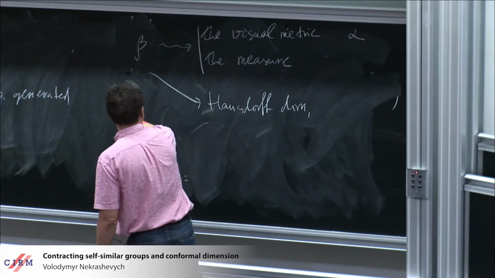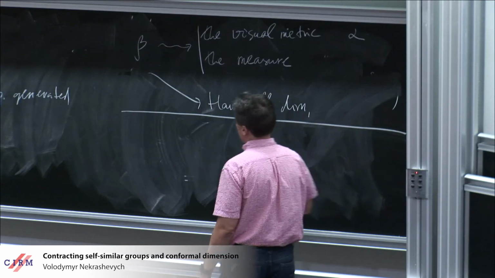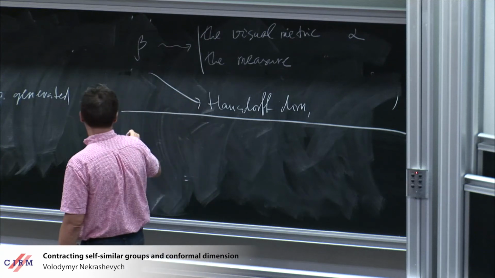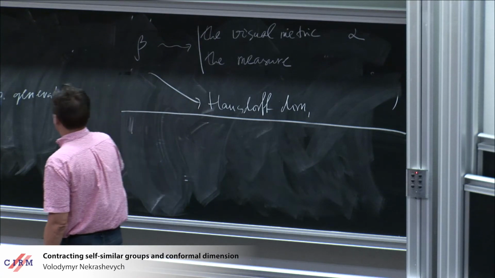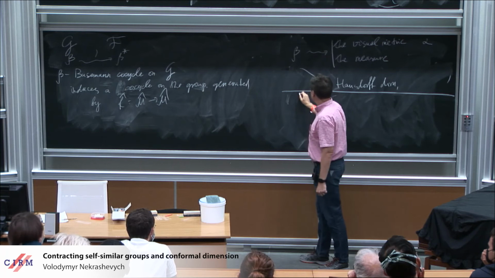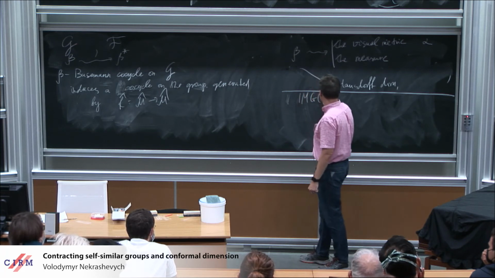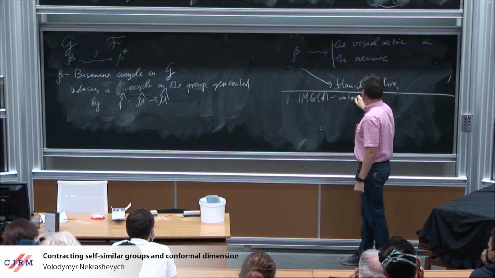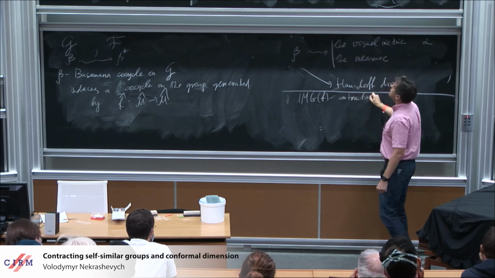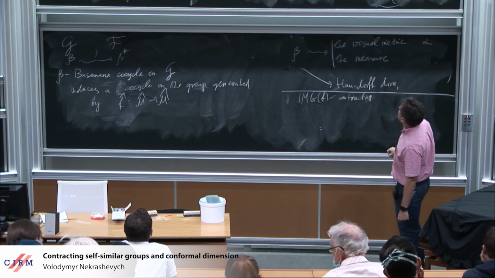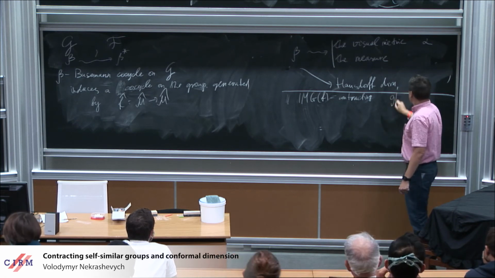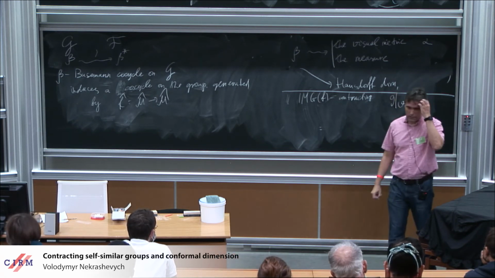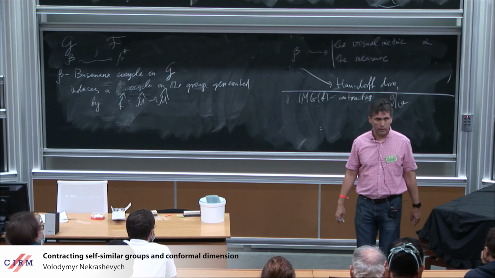And one last quick theorem is the following. So I mentioned that these self-similar iterated monodromy groups are contracting. And contracting means, as I probably gave that definition already, that these elements belong to a finite set.